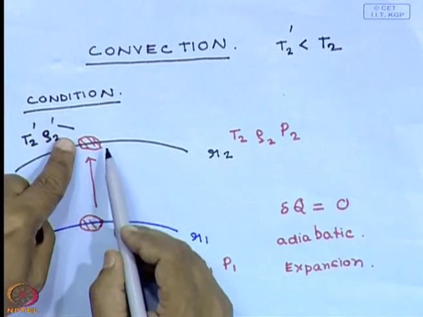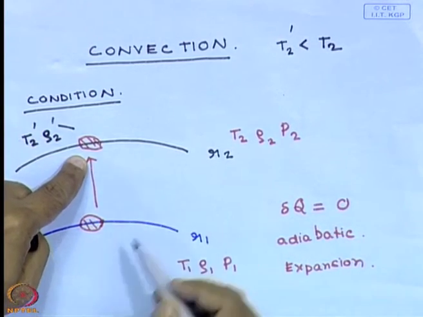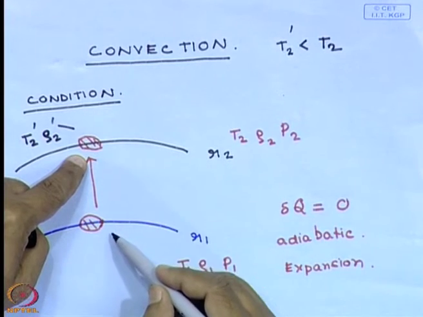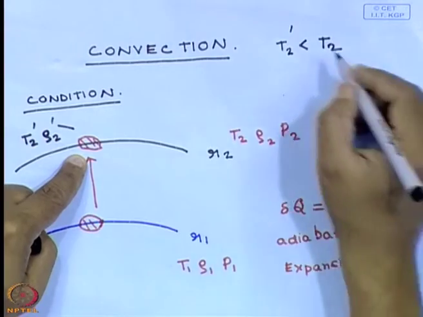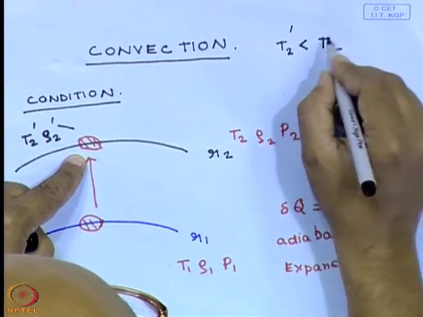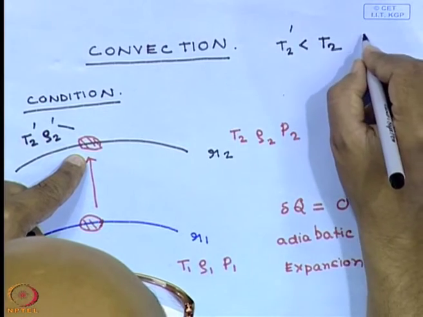Then the buoyancy force is going to act downwards and the bubble is going to come back to its equilibrium position, and there will be no convection. So, if this condition holds, then there is no convection.